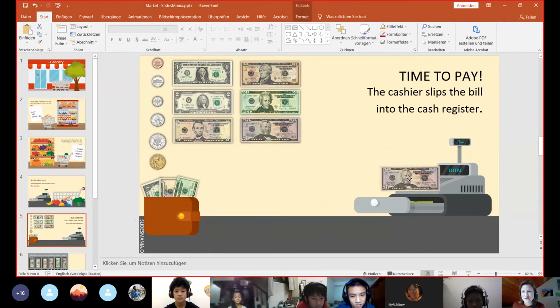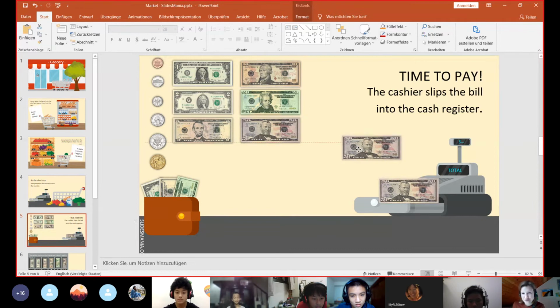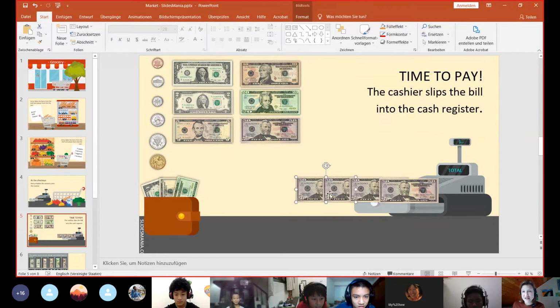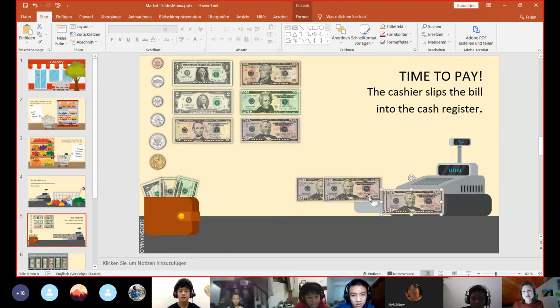So that's 50 and another 50 and another 50 and $200. Very nice, Angel. Okay, so we give the money to the cashier, and the cashier slips the bills into the cash register. Okay, so she puts it in there.